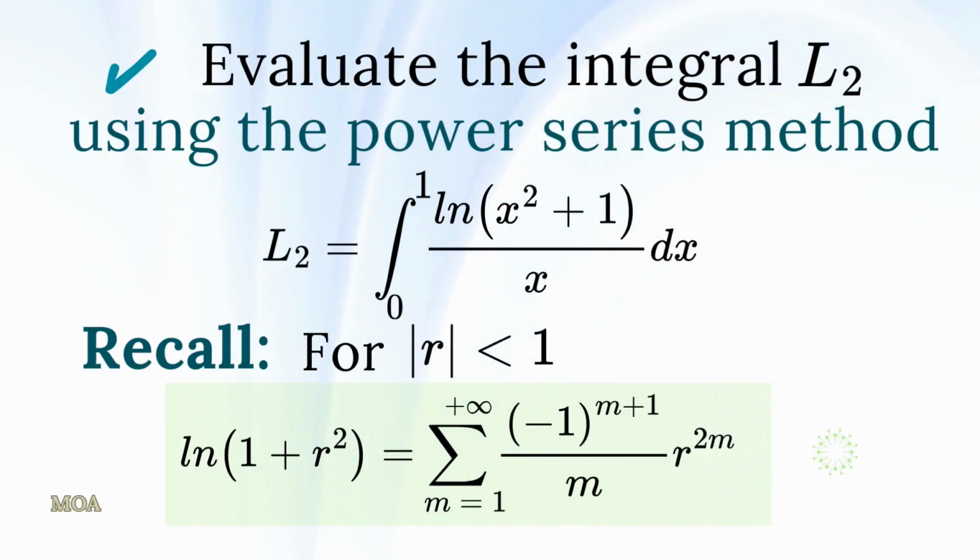For this objective, we recall this standard result. For all |r| < 1, ln(1 + r²) = Σ from m = 1 to ∞ of (−1)^(m+1)/m · r^(2m).